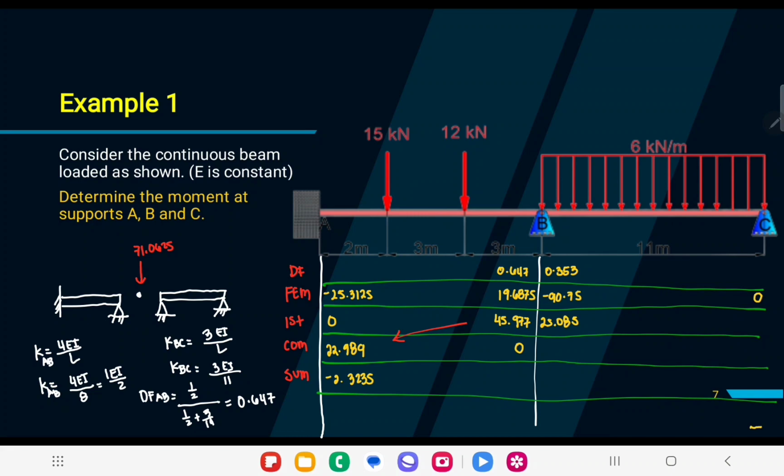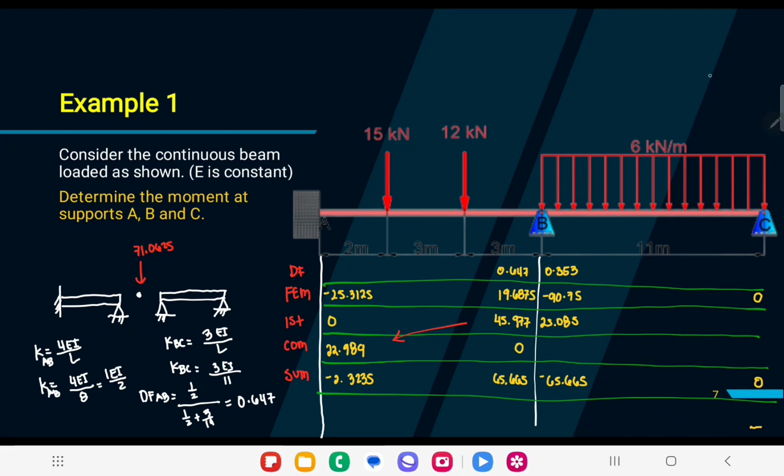And then dito naman is equal to 65.665. And for this span here, internal moment pa rin yan, 66. So, kapag chinek nyo yan, dapat parehas lang din. Okay? This should be 65.665. And then dito, since external support siya, and simply supported, 0 ang dapat na magiging moment dyan.